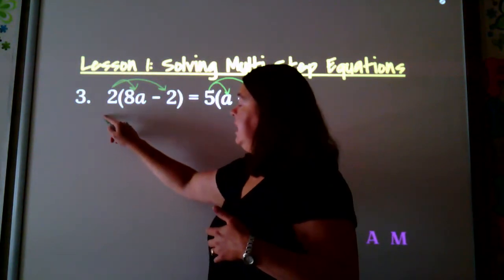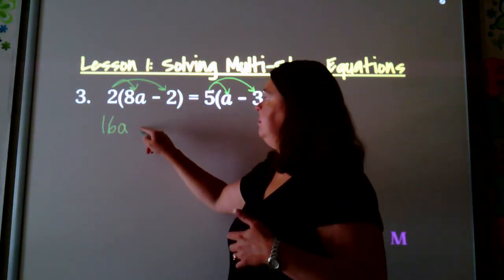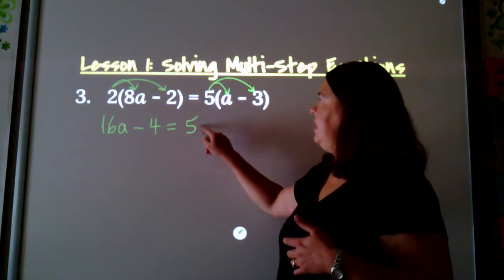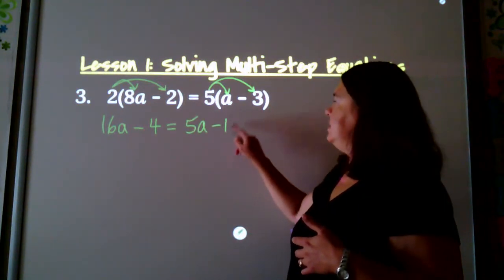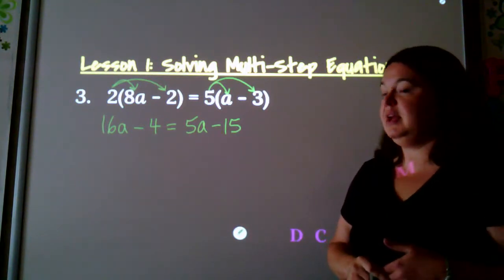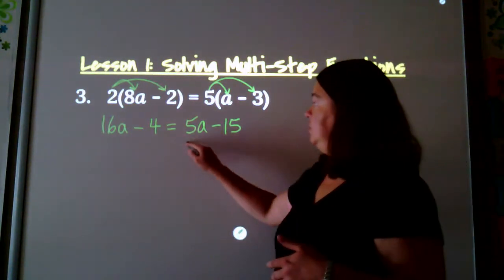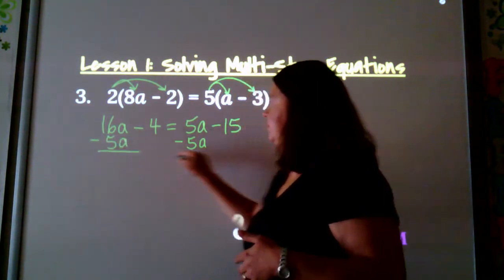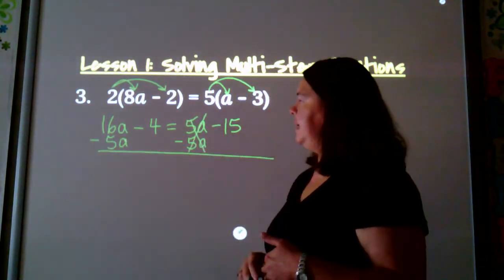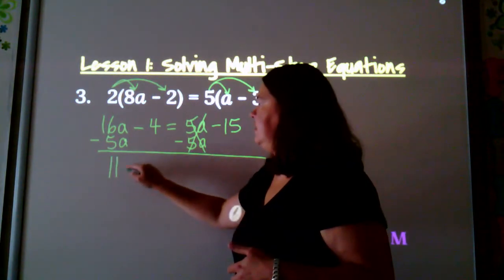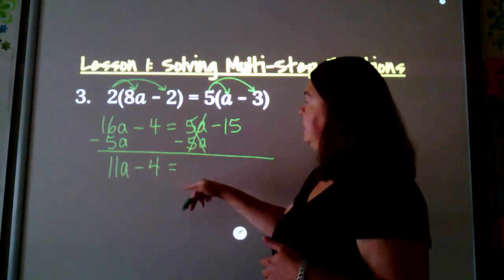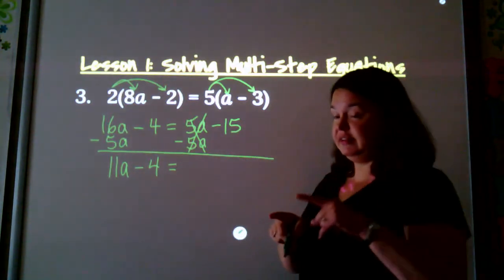2 times 8a is 16a, minus 2 times 2 is 4, 5 times a is 5a, and 5 times negative 3 is negative 15. And then I'm going to subtract 5a. There's my 0 pair. 16 minus 5 is 11a equals, minus 4 equals, now watch out for this, okay?